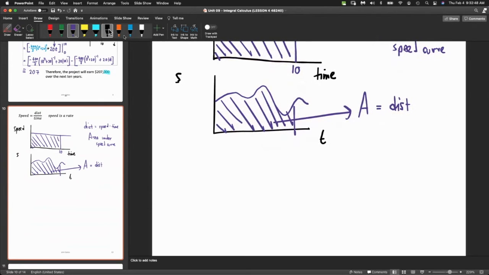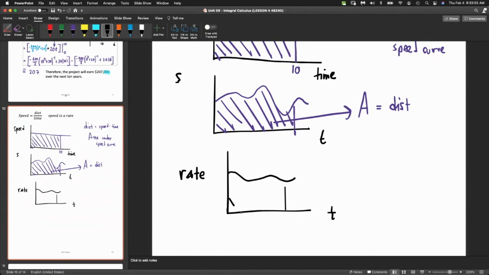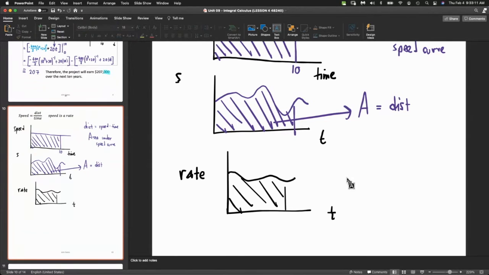That applies to anything. If you have a rate versus time, and you find the area, whatever that rate is, whether it's money or speed or whatever, the area under a rate graph.